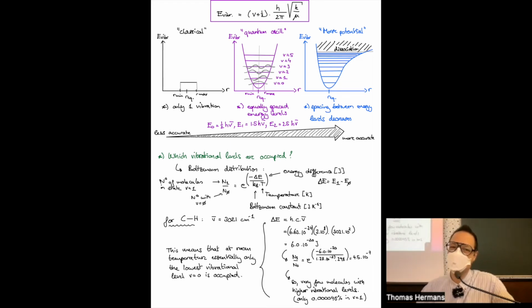For electronic states, we did this in class 1, and we saw that again, there was an incredibly low number. The probability to be in the first excited state at room temperature is incredibly small. And the same holds for vibrational levels.